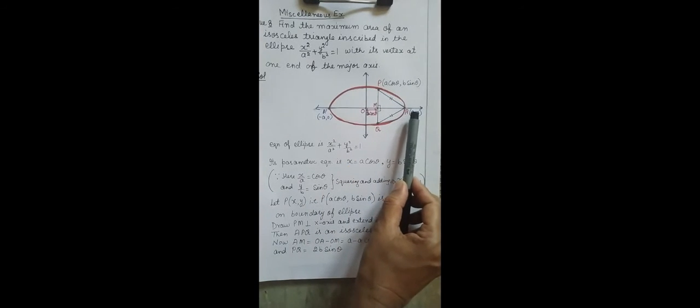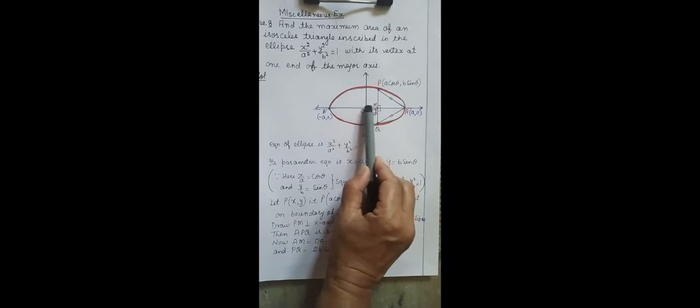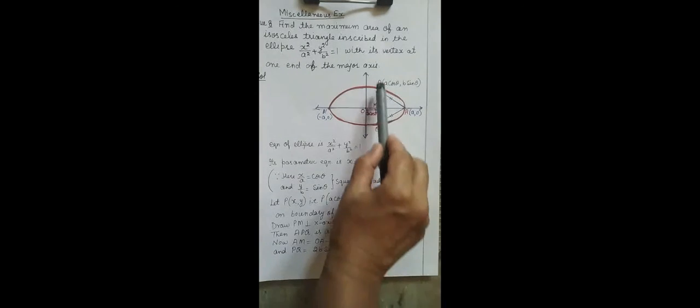Because the coordinates of the point A, which is the vertex of the ellipse, is (a, 0), OA will be equal to a. And what will be OM? Now since coordinates of P point are (a cos theta, b sin theta), the distance OM will be equal to a cos theta. So it is a minus a cos theta, which is equal to a into 1 minus cos theta.